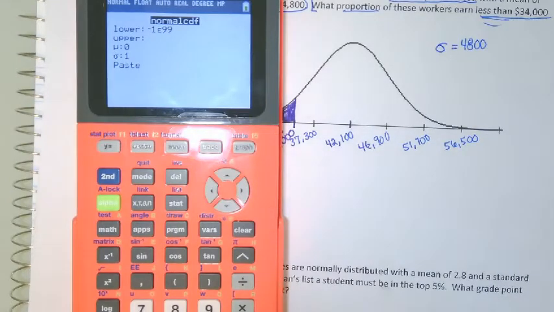At this step, depending on what version of the TI-84 you have, these words, lower, upper, mu, sigma, might show up, or you might just be given a blank set of parentheses. Either way, you're going to be entering a series of 4 values.